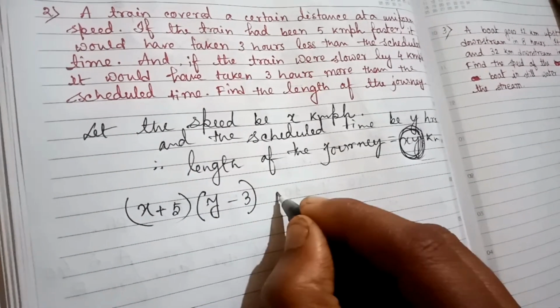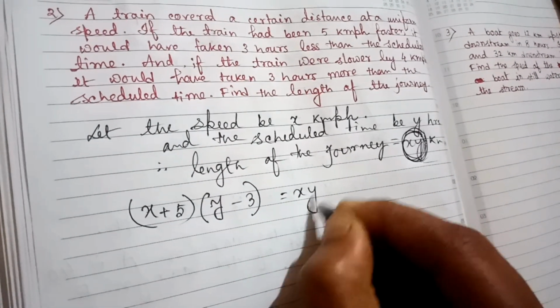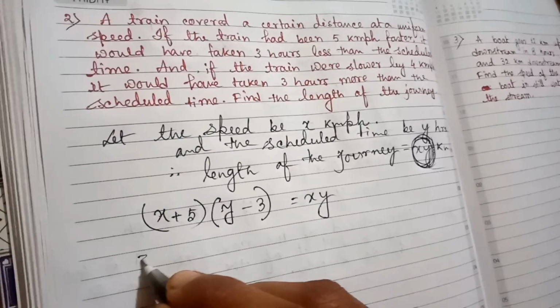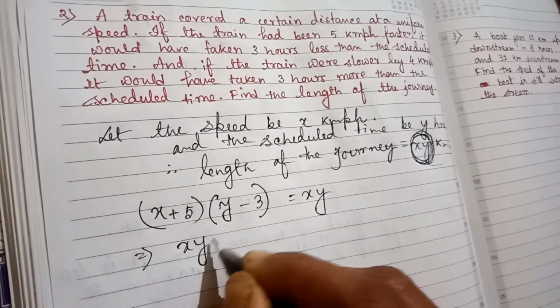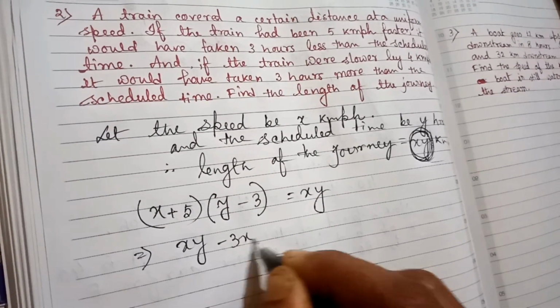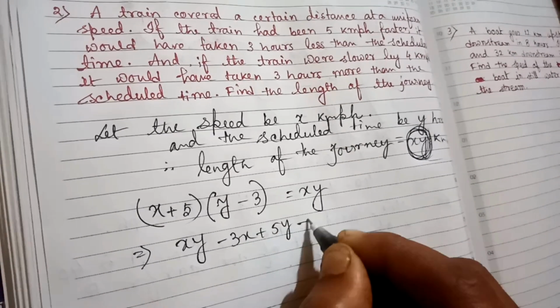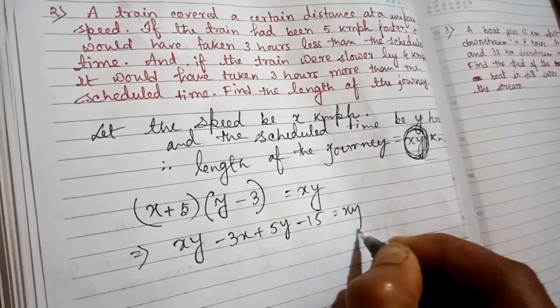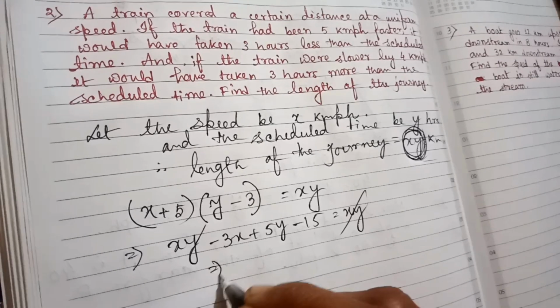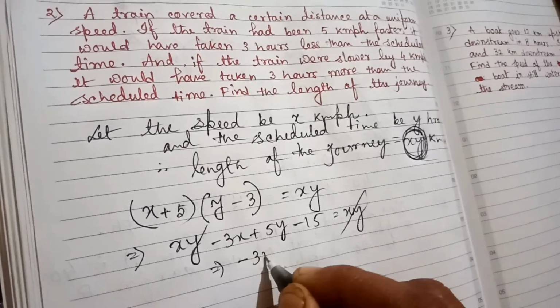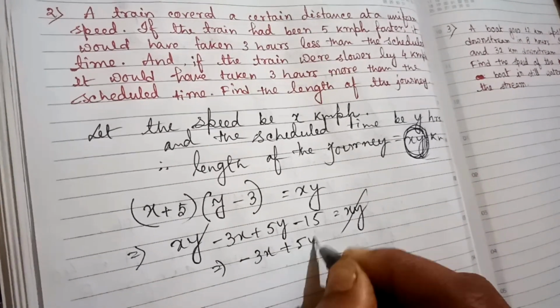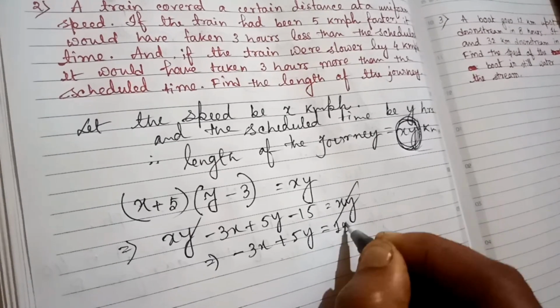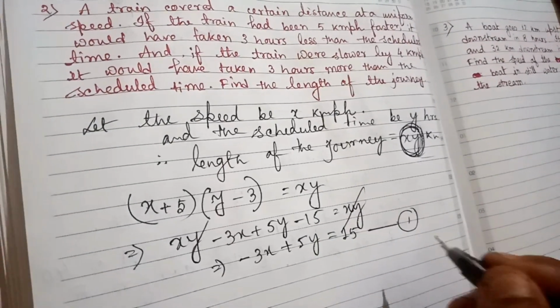And then the covered distance will be the same, that is xy. So we will simplify it like this. xy will be cancelled out from both sides, so we will be left with minus 3x plus 5y equals 15. That's equation number 1.